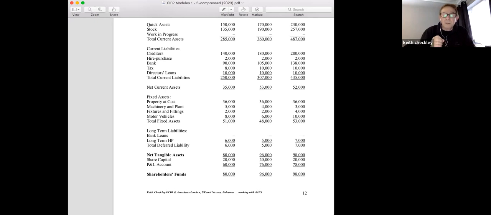So what you can do is, if you're not too sure, when you get to this bottom position where you're looking, well, wait a minute, what is the actual net worth in the business? If you're not sure, for example, is it the share capital at 20,000, or is it the share capital plus the retained profits at 80,000?